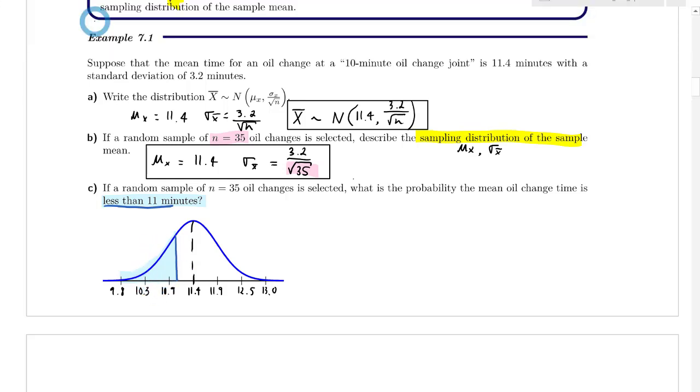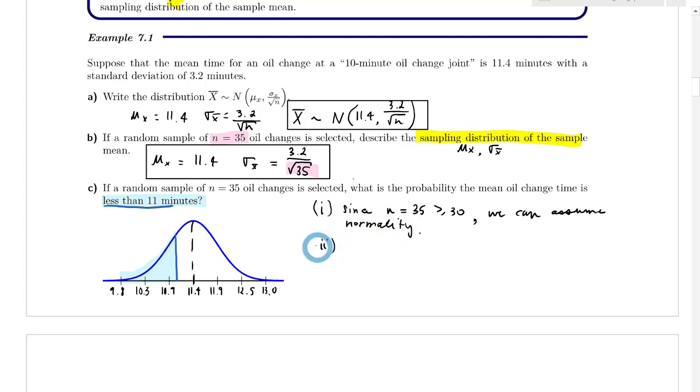Okay, so how do we do that? Well, it's the same thing. The first thing we notice is that since n is greater than or equal to 30, where n is equal to 35, we can assume normality.